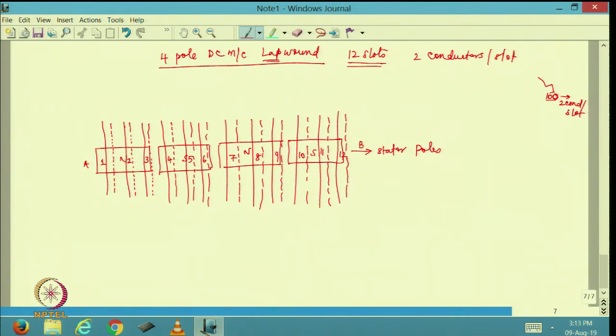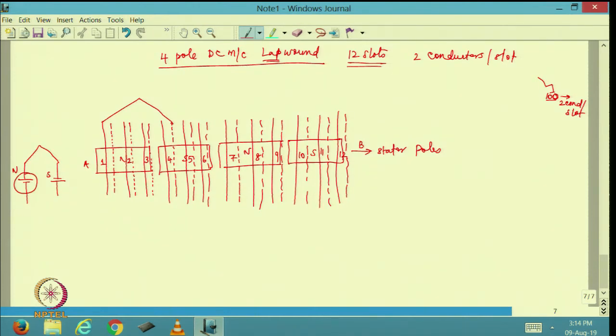Now because it is a lap winding, whatever starts from a north pole has to actually go and end up in a south pole winding. So if I have a voltage generated like this in the north pole, I will have on the other side voltage generated like this on the south pole. This is how it is. Now these two are connected together.